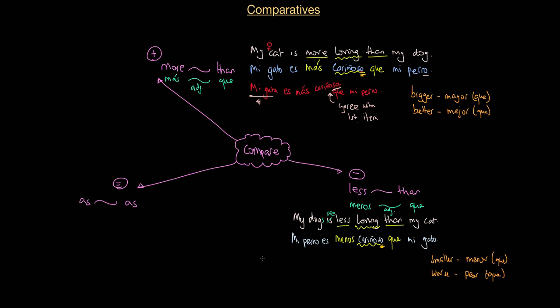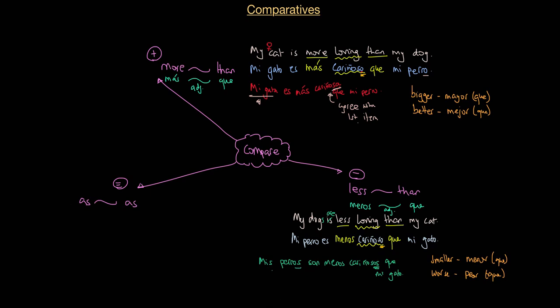So I would say mis perros son menos cariñosos que mi gato. And notice that here I've got cariñosos ending in an S because I've got more than 1 dog, and this needs to agree with it.